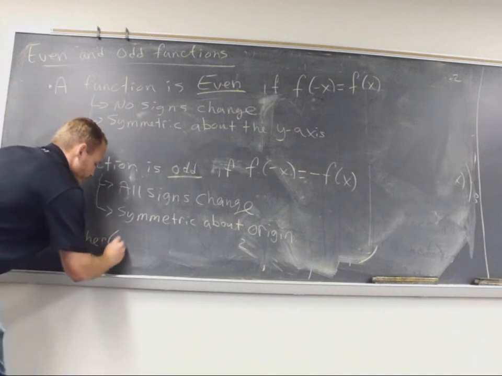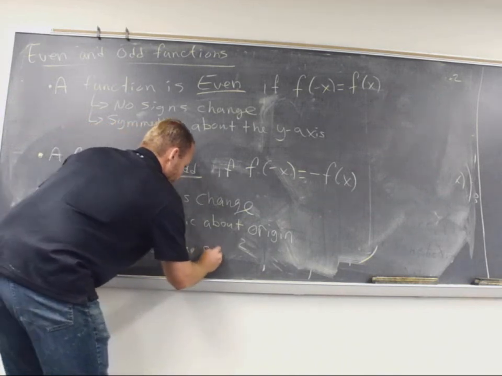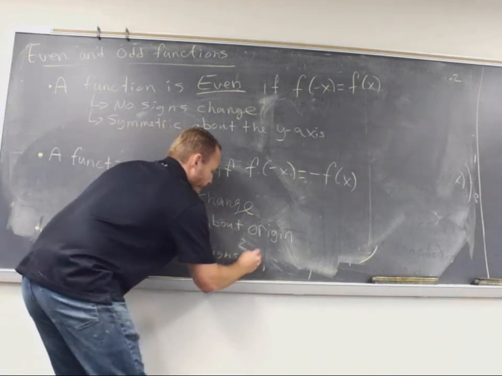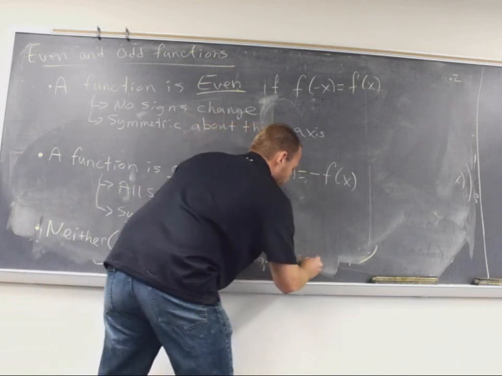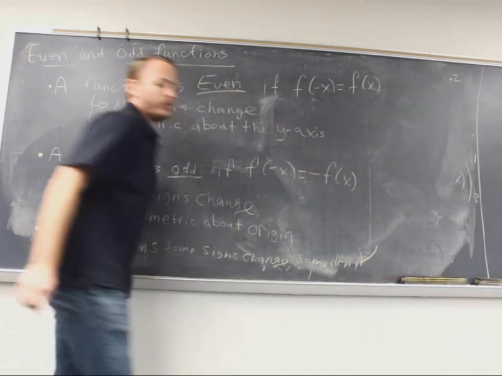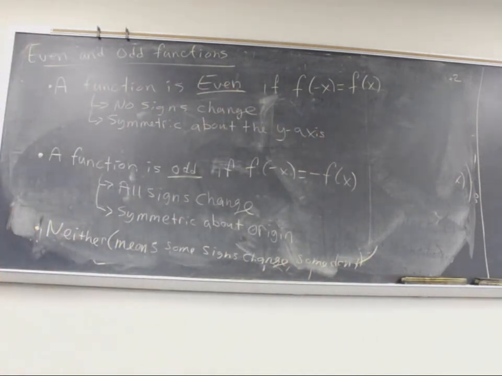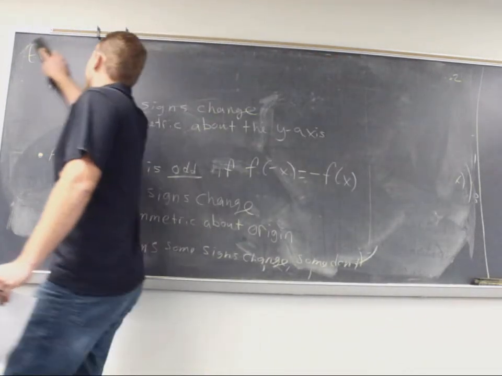It just means some signs change, some don't. Some examples will help make some of this a little clearer, and then we'll get into what this f of negative x looks like and how we simplify a problem.